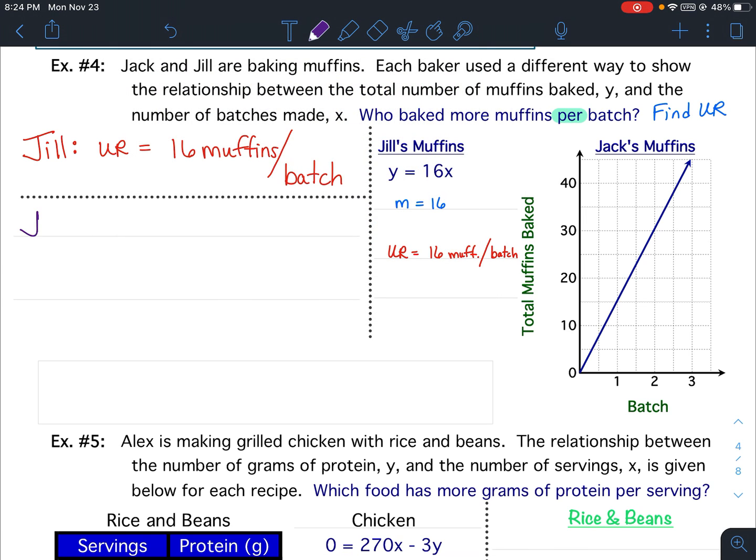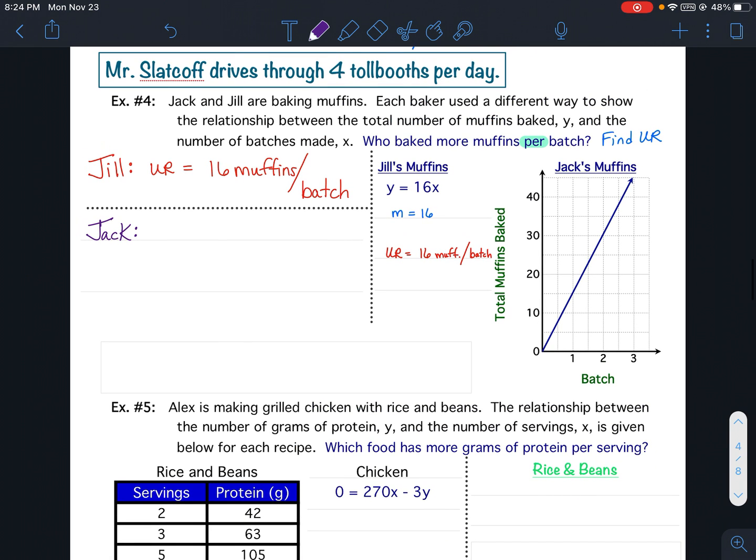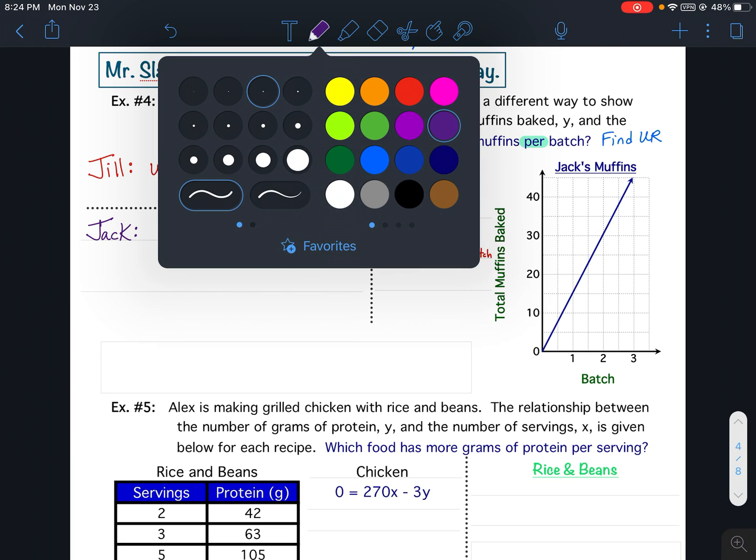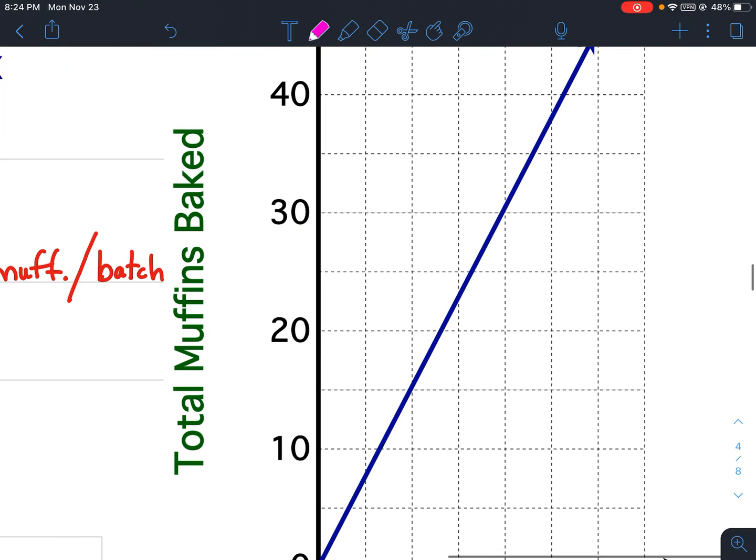For Jack, let's pick a point on the graph to set up our rate. Let's pick this point right here.